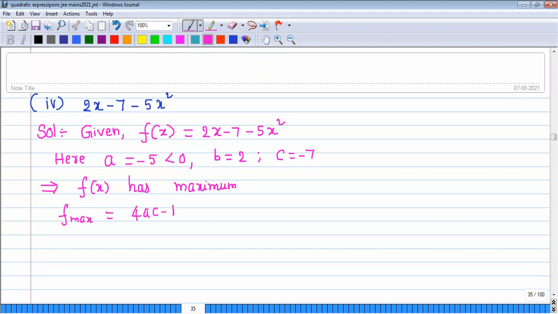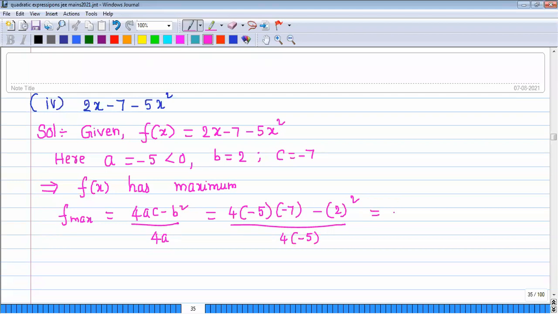What is the maximum value of this function? 4ac minus b square by 4a. So 4 times a is minus 5, c is minus 7, and minus 2 square upon 4a. 4 into minus 5 is minus 20.